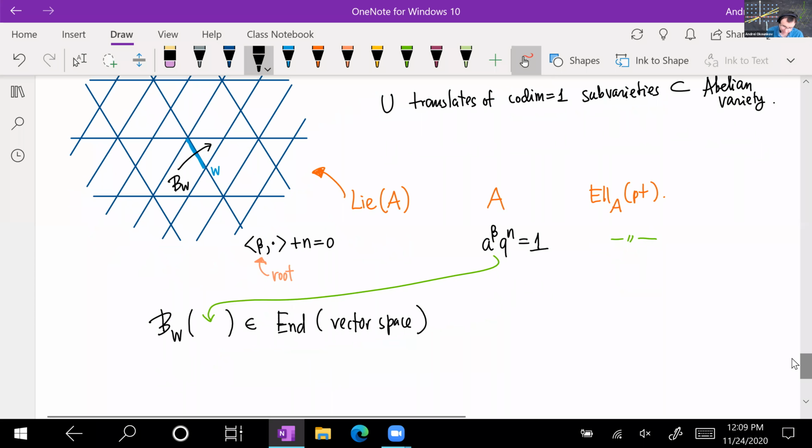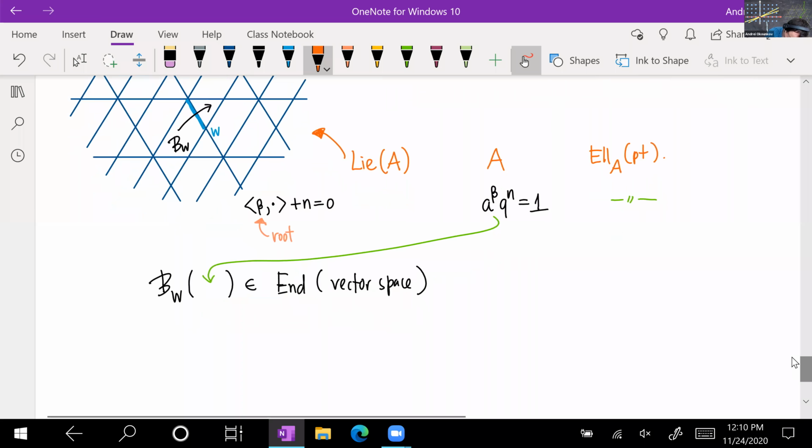And what would I like? I'd like two properties. There are really two relations. First, I'd like that it satisfies the braid relation.